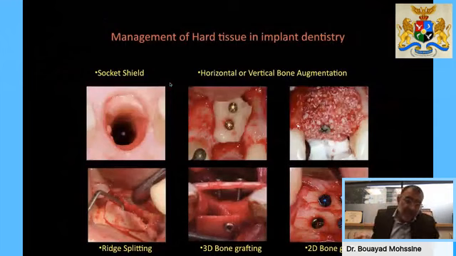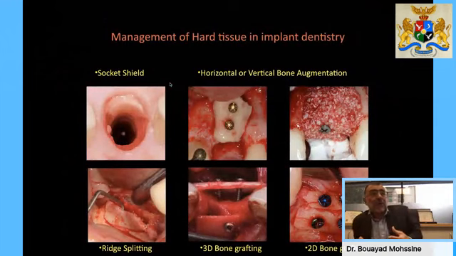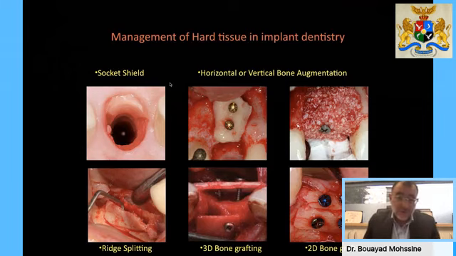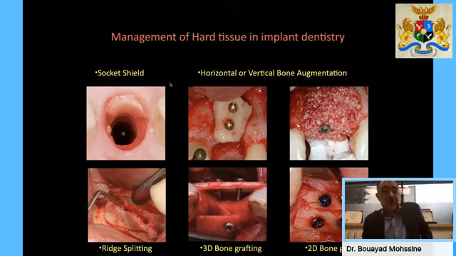We have many kinds of surgeries to manage hard tissue before implanting or during the implantation. We have to know on our X-rays what volume we have before implanting, and we have to know which kind of surgery we are going to do before beginning the surgery.